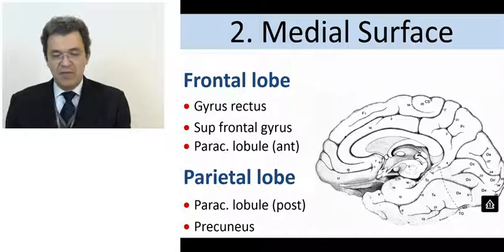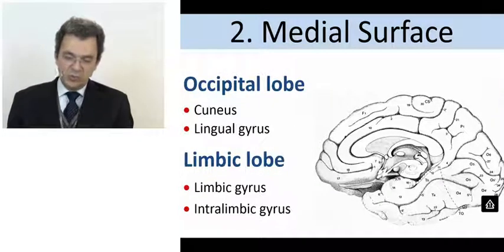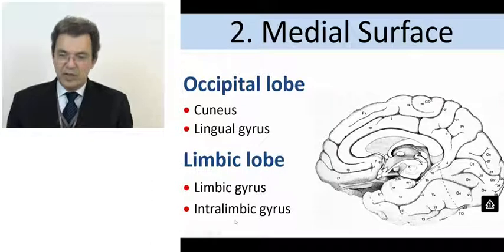The second structure in the parietal lobe is the precuneus, which is this here. You then move to the occipital lobe, which is quite important on the medial surface. The next structure would be the cuneus, between the parieto-occipital sulcus and the calcarine sulcus. And then below it, the so-called lingual gyrus. We'll speak about that later.